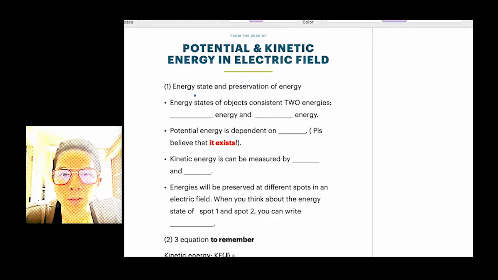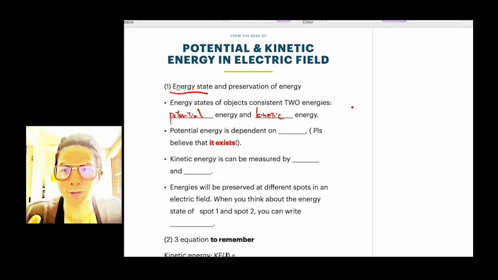First, we want to study what the energy state is. When we talk about energy, there are always two kinds of energy: one is potential energy, and the second one is kinetic energy. These two are the only factors that create the energy.